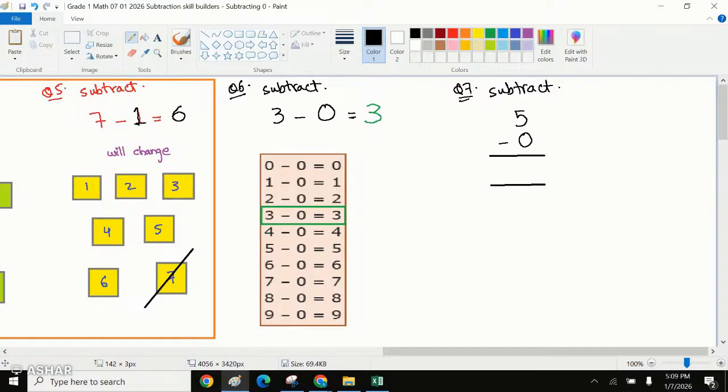That means the rule for subtracting a 0 is any number minus 0 will stay the same. So we can say 5 minus 0 will still stay the same, right? It does not change. Agreed? Okay, thank you. Moving on to the next question.